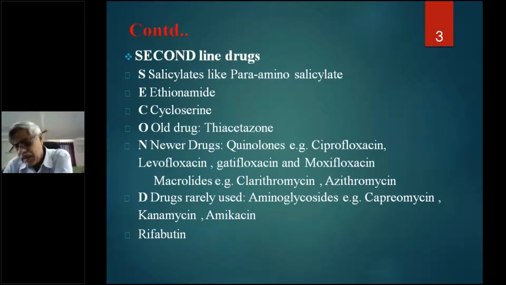First, I will try to categorize in the old type. The WHO classification was given here, I think in 1992. So it has given categories. So many categories are there. Then about 1993, RNTCP has come in.